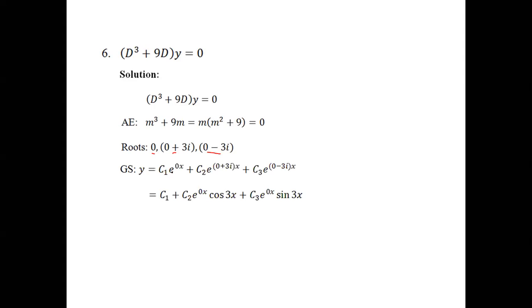We have C1 e raised to the power 0x, where the 0 is the root on the extreme left, plus C2 e raised to the power of the complex number 0 plus 3i times x plus C3 e to the power 0 minus 3i times x. Then expanding this out, I think we all remember Euler's equation.